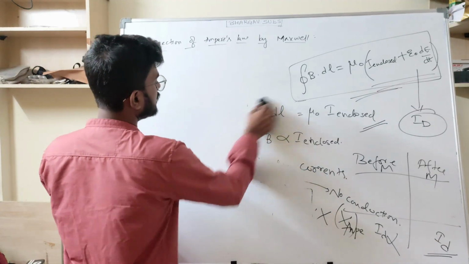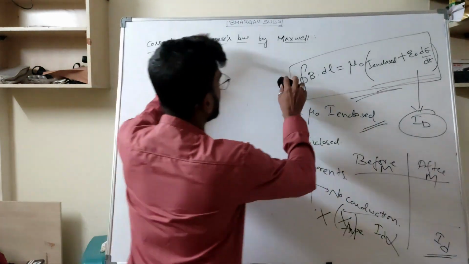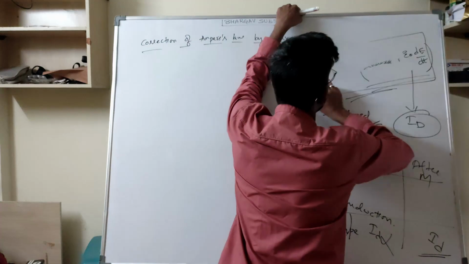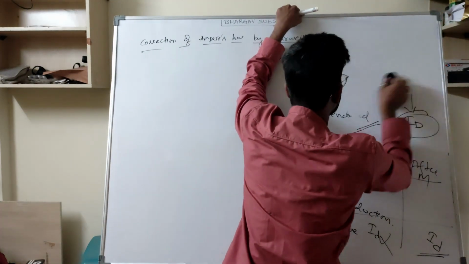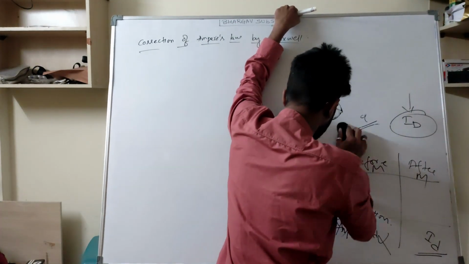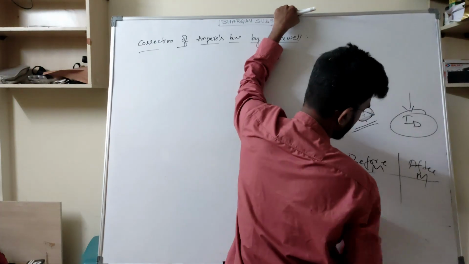So generally Ampere's law is not valid for time varying fields, in which the current is changing with time. Okay, the field was changing with time, he didn't apply it, right?